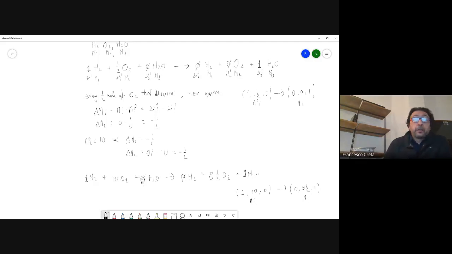So really what we said is that for these particular reactions, the change in the number of moles is always equal to this difference in the stoichiometric coefficients. But this is a kind of a boring situation, these irreversible reactions.